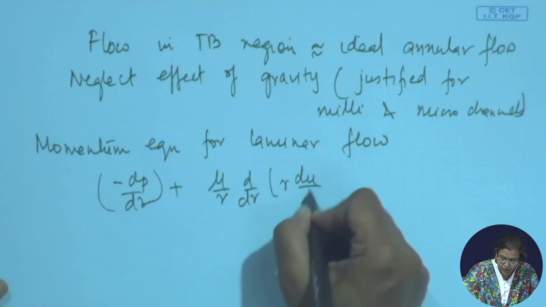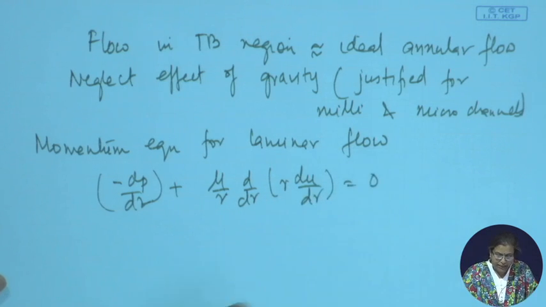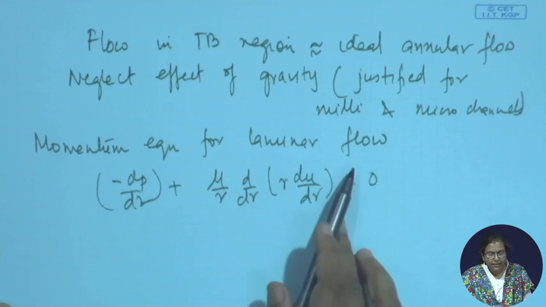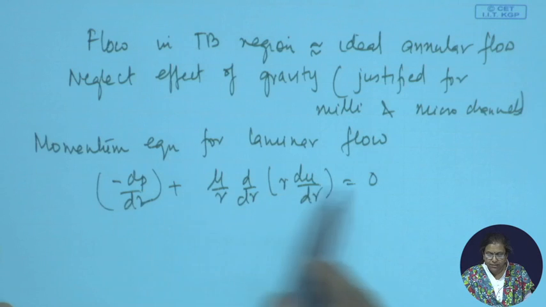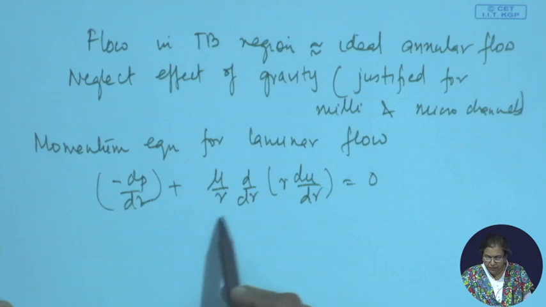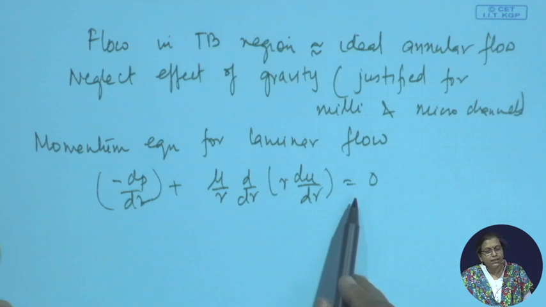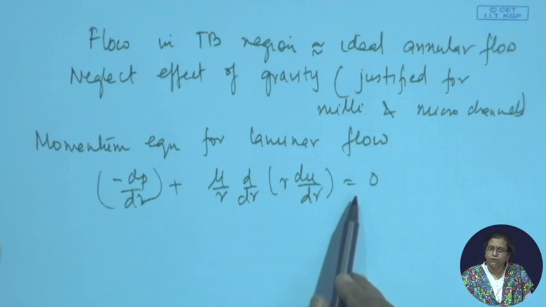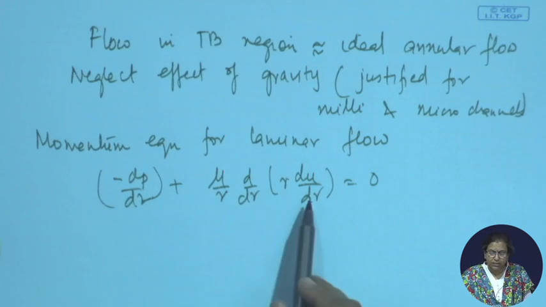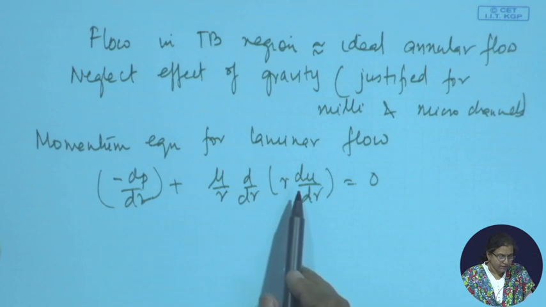This can be written down provided we have neglected the effect of gravity. For any laminar flow, this is equally applicable to the Taylor bubble region as well as the liquid film region. Only the boundary conditions for solving this equation are going to be different for the two cases.